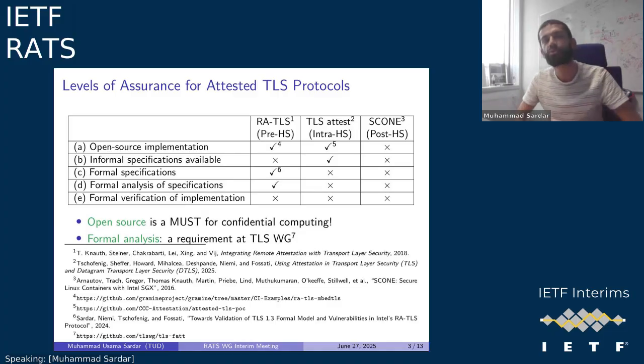And the third one is the SCONE solution, which is a closed source solution, unfortunately. I believe that for confidential computing, it doesn't work without open source. If I don't have the reference values, where do I actually get those? What components are in the software itself? We cannot really check that.